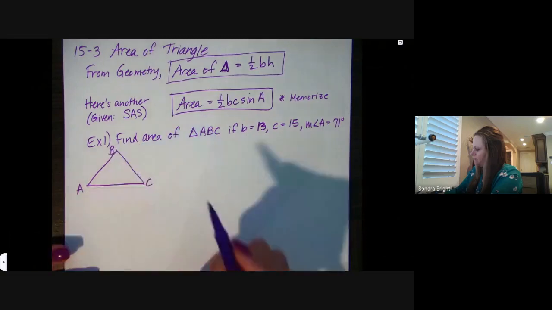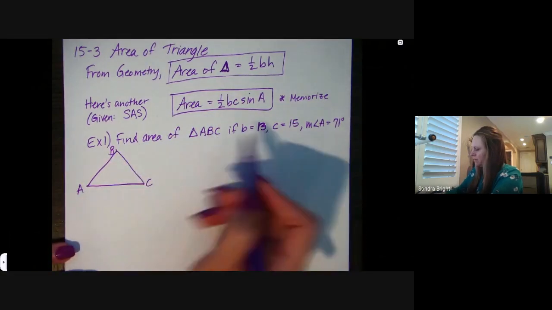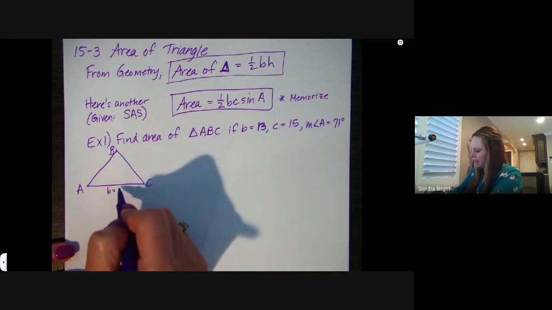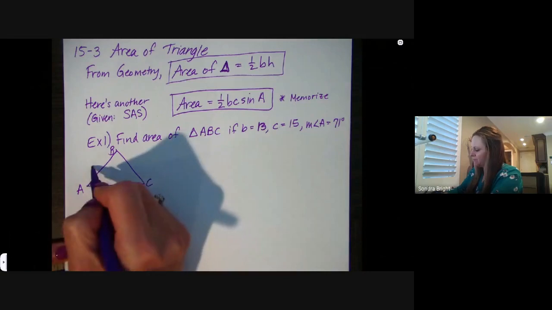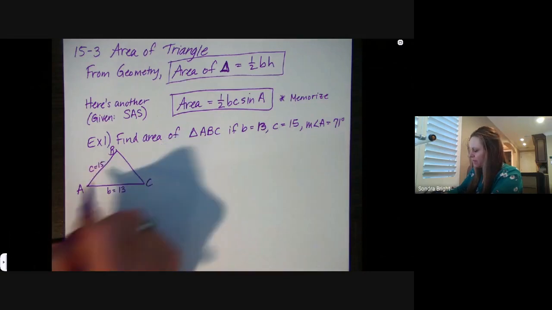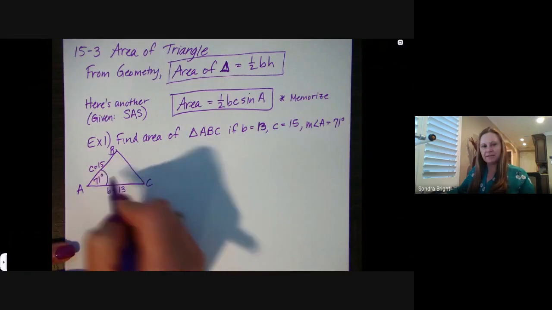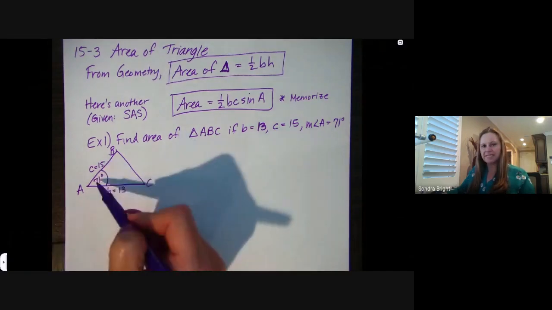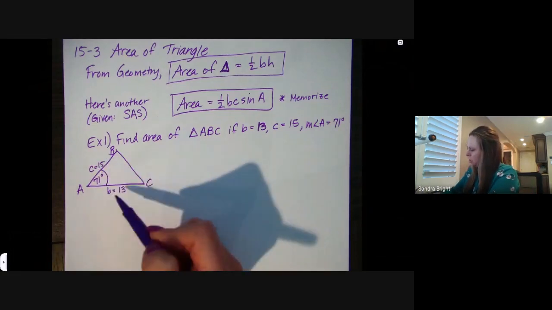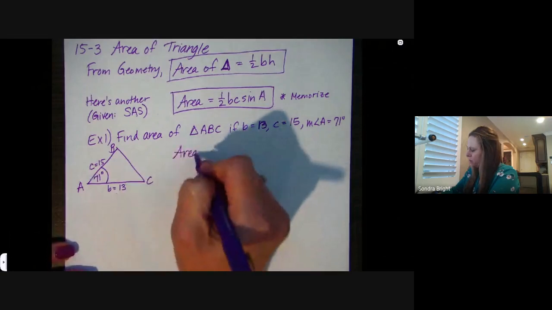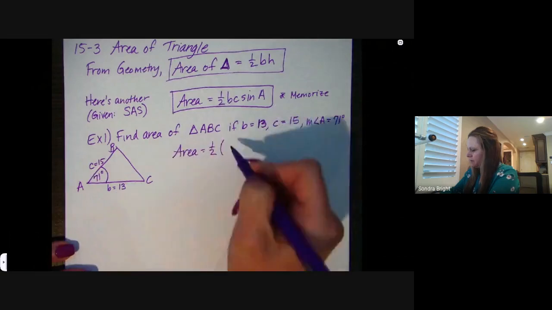And then they gave me side B is 13, so side B will be opposite of angle B. Side C is opposite angle C, so side C will be 15. And they gave me angle A is 71 degrees. Do you see how it's a sassy one? Side, angle, side. Sassy.